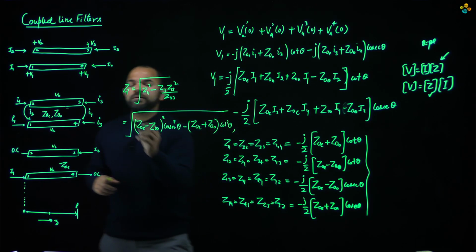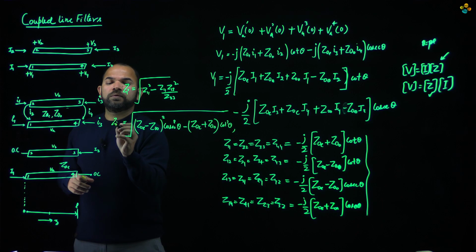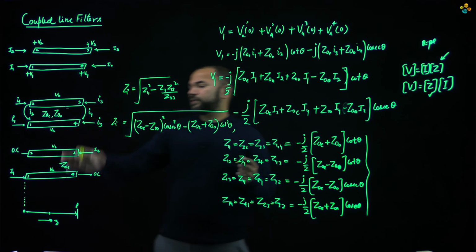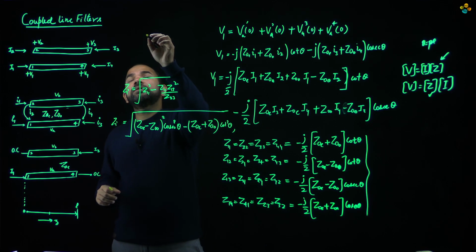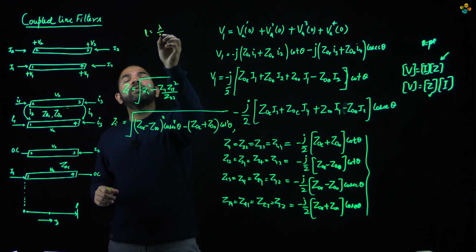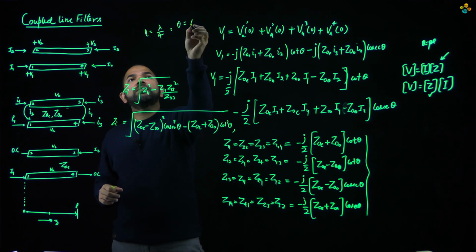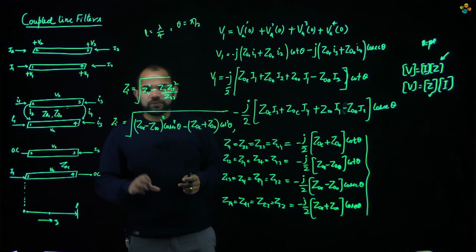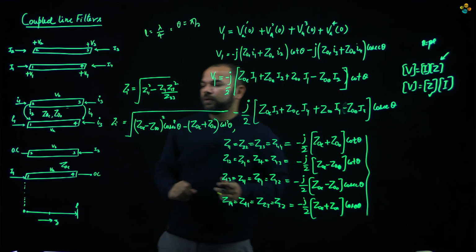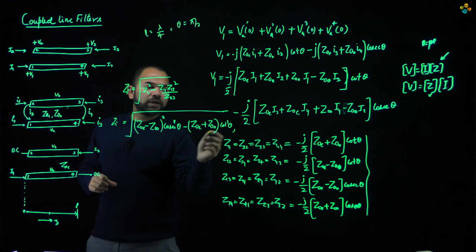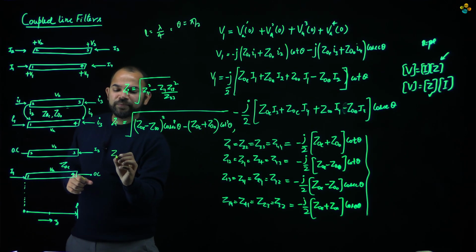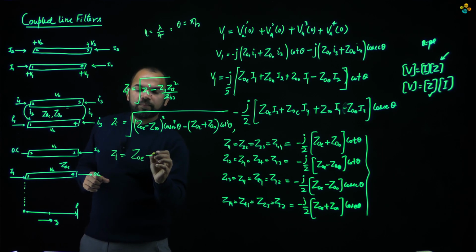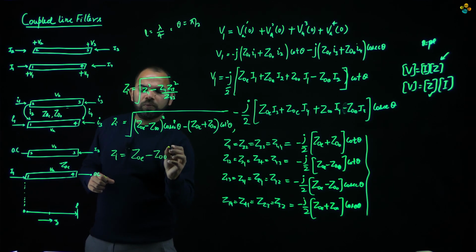Okay, so this is the image impedance. For simplicity, we have chosen this line to be of length lambda by 4, so theta comes out to be pi by 2. If we simplify this, cosec pi by 2, and putting cot pi by 2, the image impedance simplifies to ZOE minus ZOO.